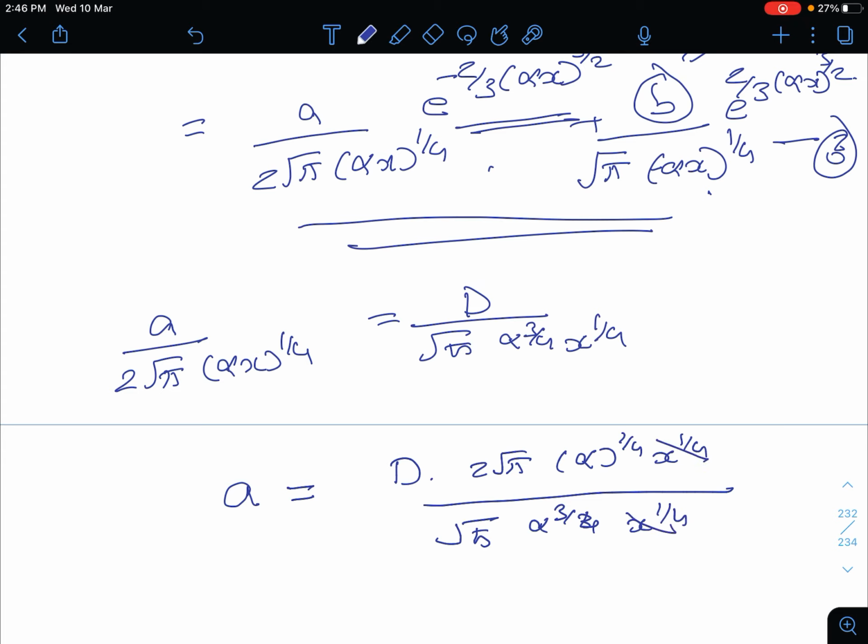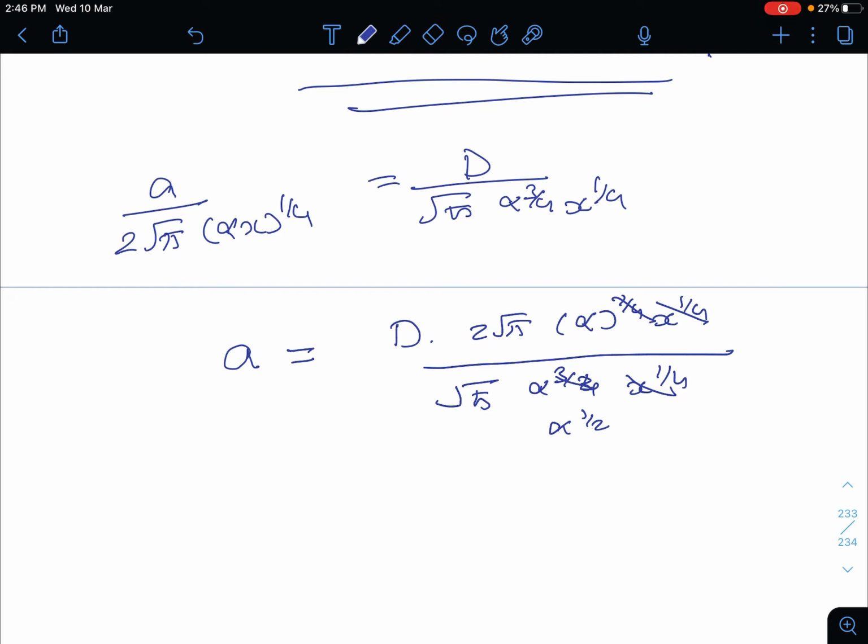The 3 by 4 and 1 by 4 cancel. So what remains is 1 by 2 alpha raised to 1 by 2. The rest is all inside the root. So now this is root of 2 inside the root, so I can write 4 pi alpha h cross d. So that is the a. That is the a.